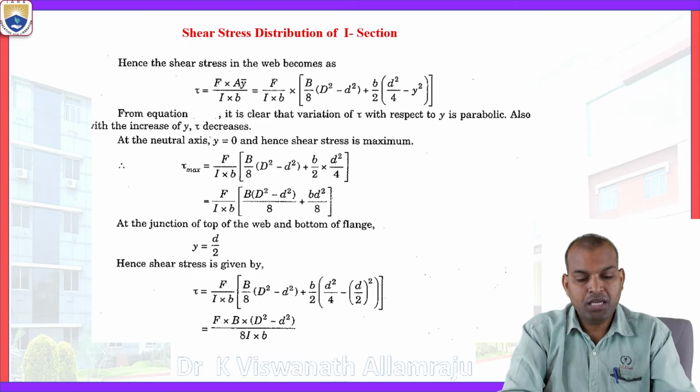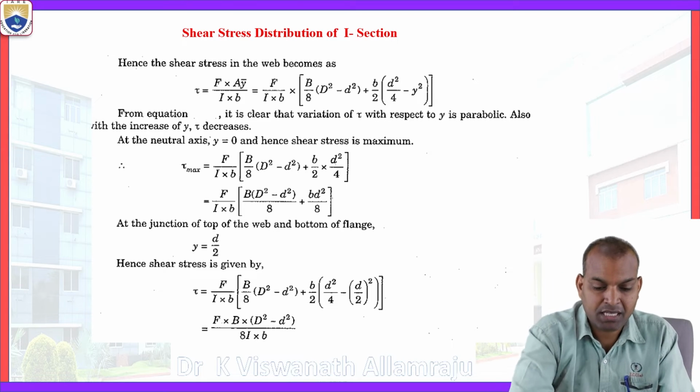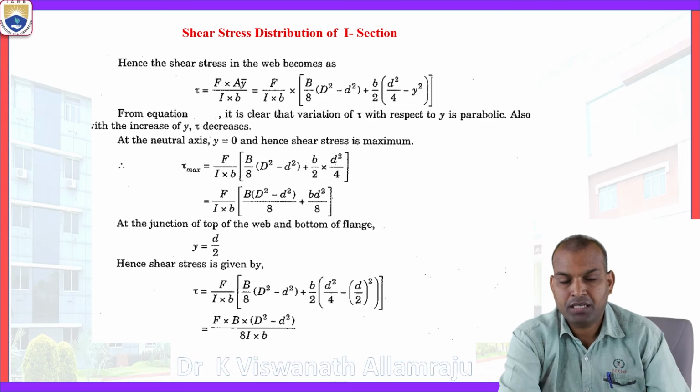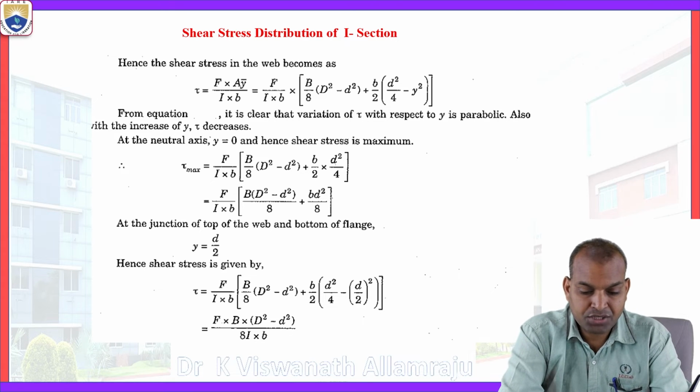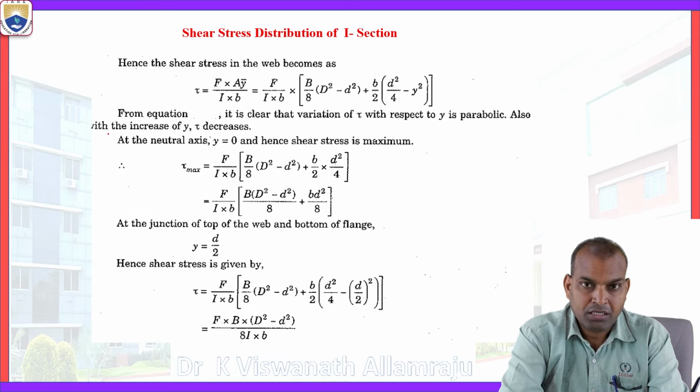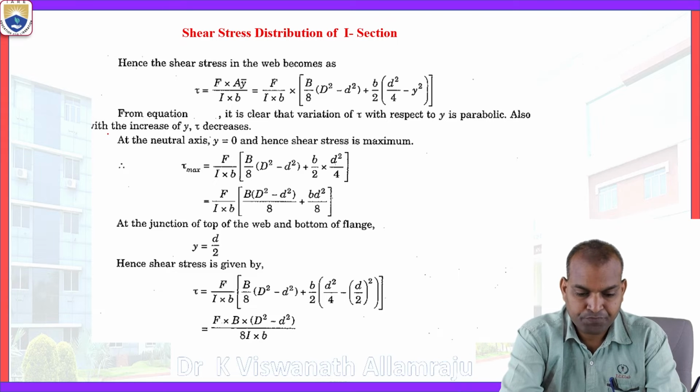Now, if we want to see the shear stress at different places as it varies along with y, the variation of the shear stress with respect to y, the y is the variable, the distance from neutral axis.